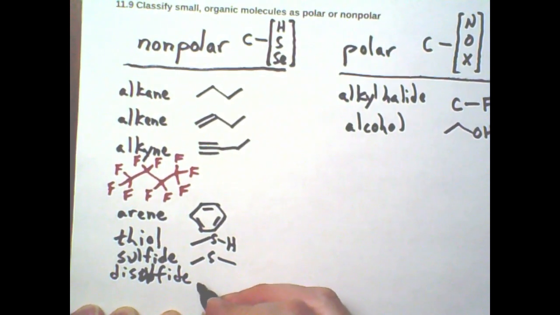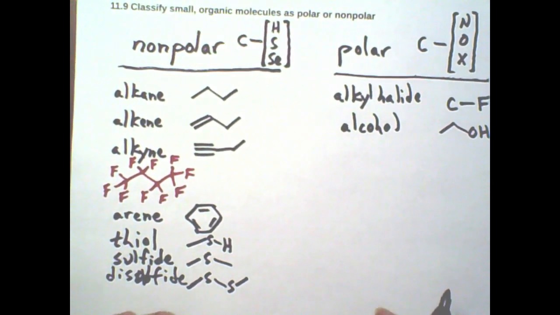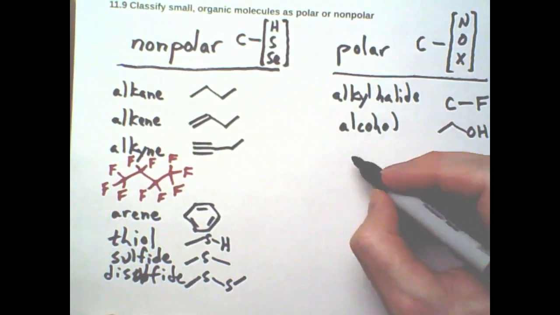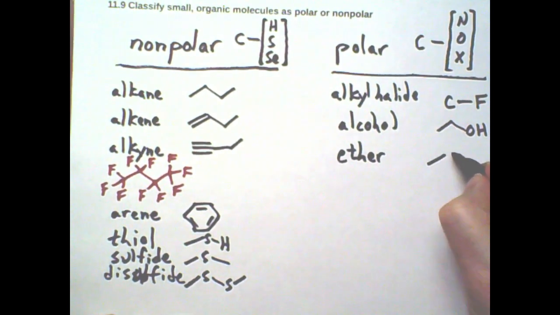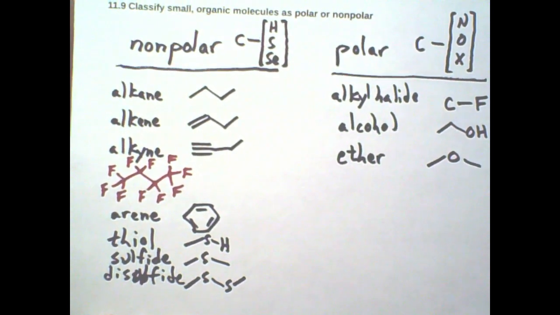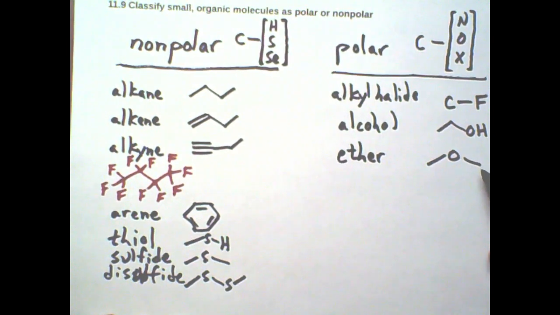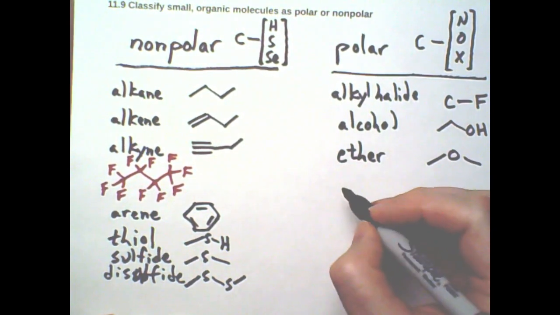Sulfide, really not polar. Disulfide, not polar. Ethers, they've got C bonded to O. But they've got C's on each side. So it's only weakly polar. This is a pretty weakly polar molecule.